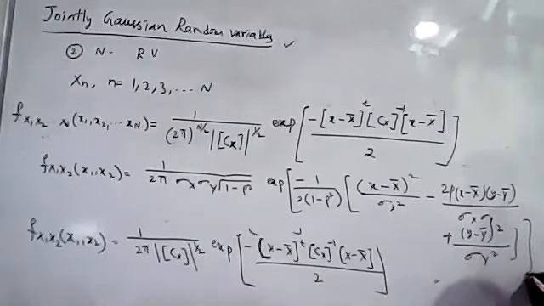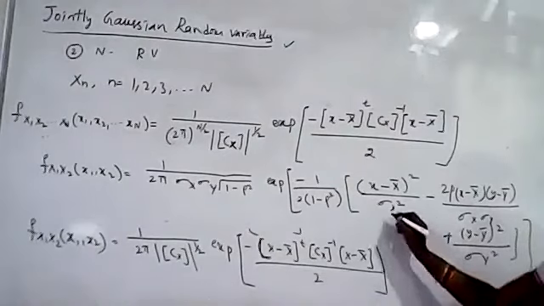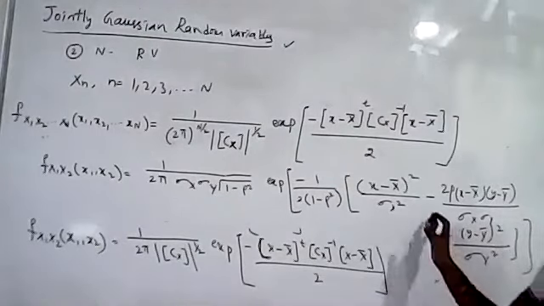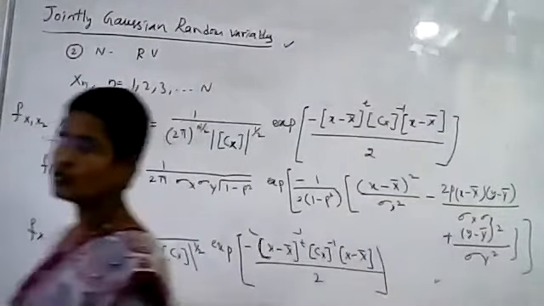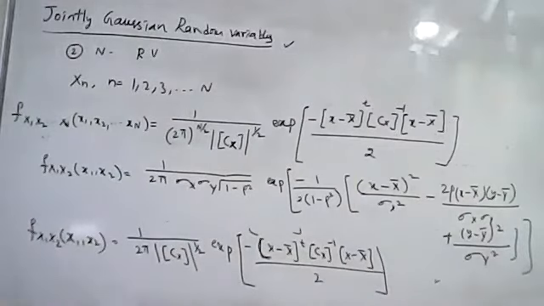This is the formula we get. This is the joint probability density function of two Gaussian random variables.